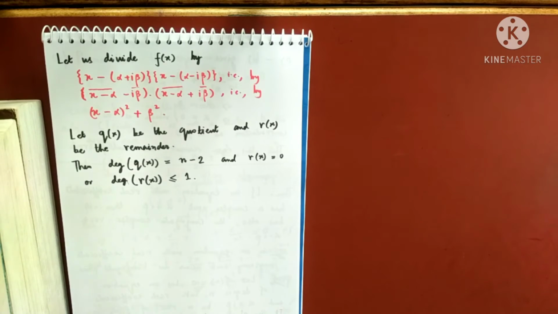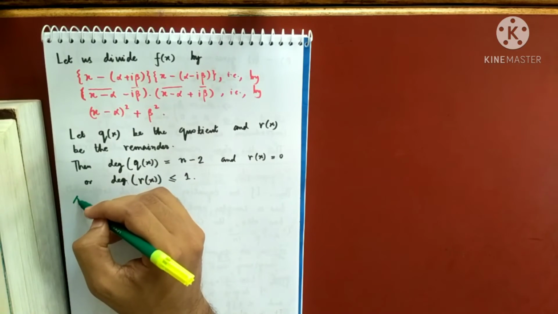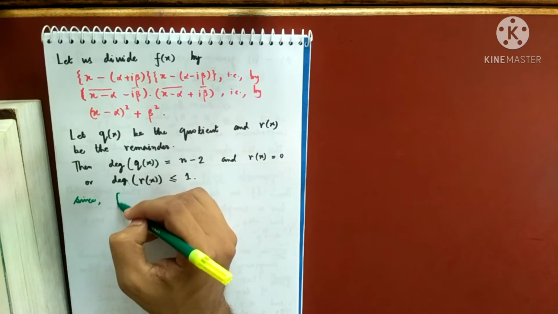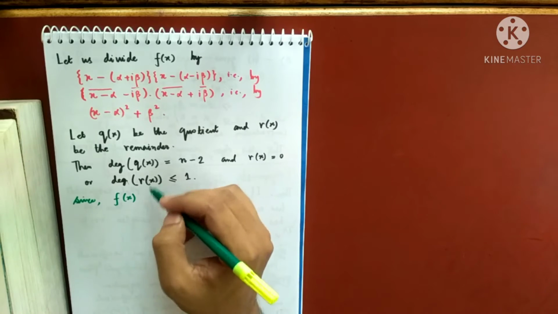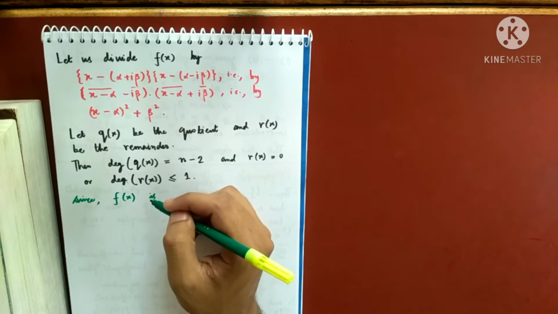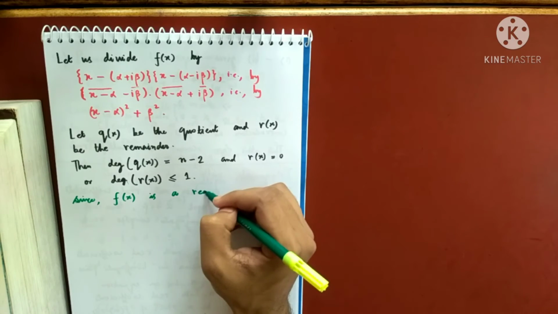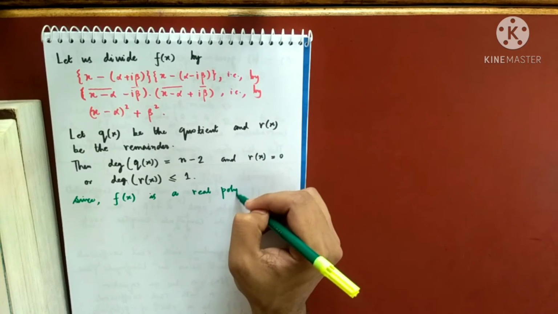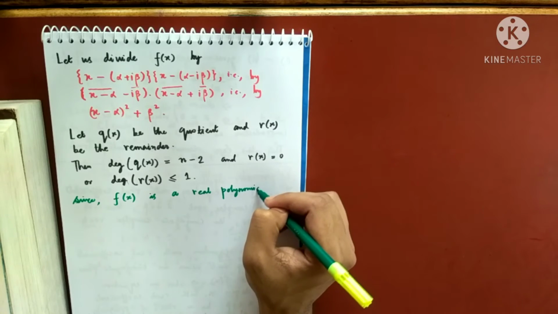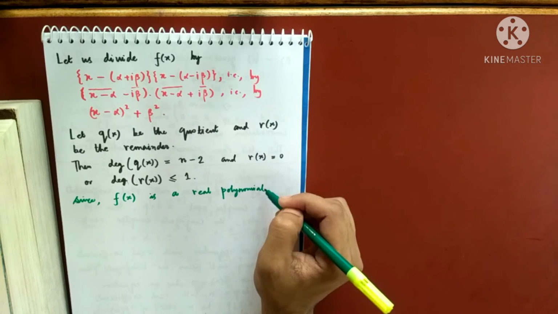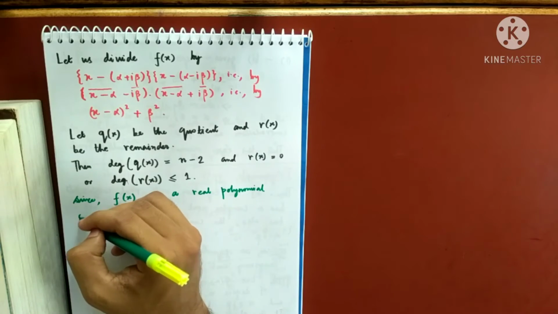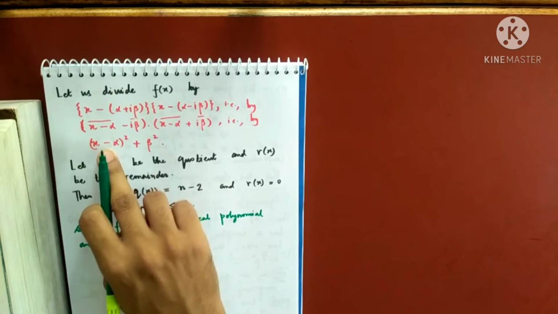Okay, now since f(x) is a real polynomial, that means having coefficients all real. And the divisor, I am dividing by this.